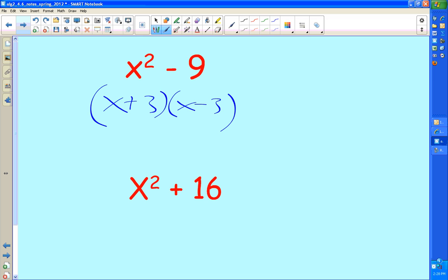This is how it factors. Some of you will then do this: x equals negative 3 here and positive 3 here. Why can't you do that? It's not an equation. This isn't x squared minus 9 equals 0. This is just x squared minus 9. It's an expression. We're factoring it.